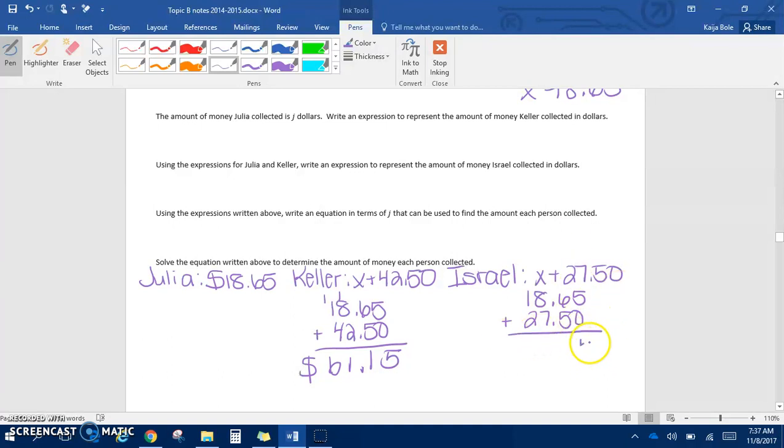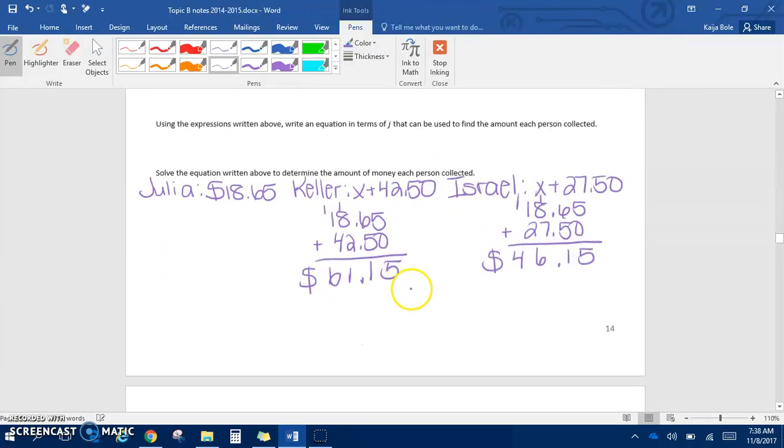And then if we add these up, we get a 5, we get an 11, carry the 1. Here we get 16, carry the 1. So we see here that Israel collected $46.15. And that is the answer to all the parts of the questions then. So we see how much each person raised based off of what they told us.